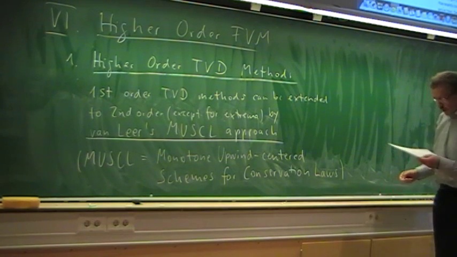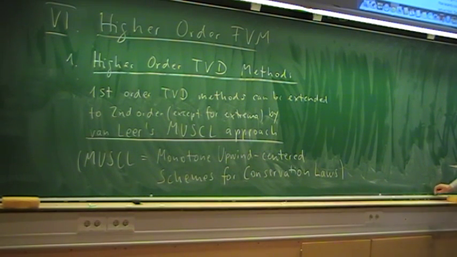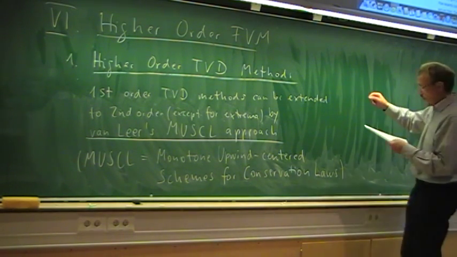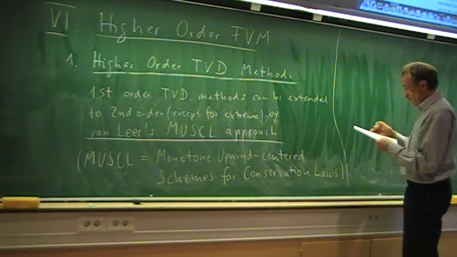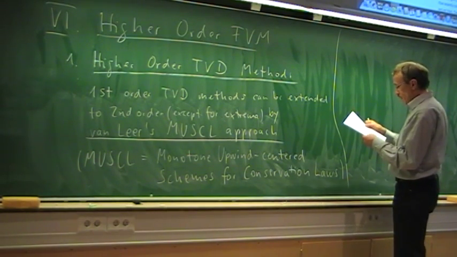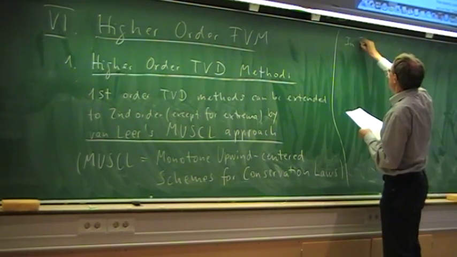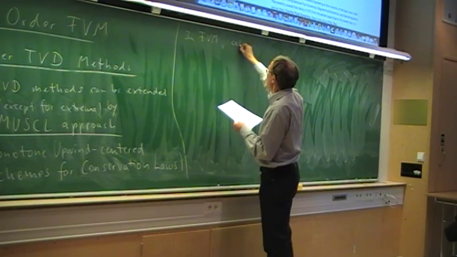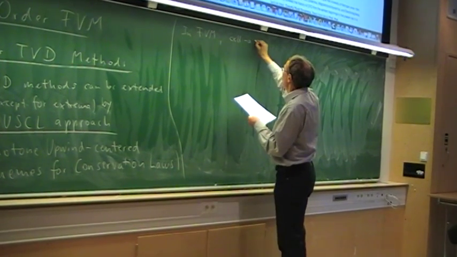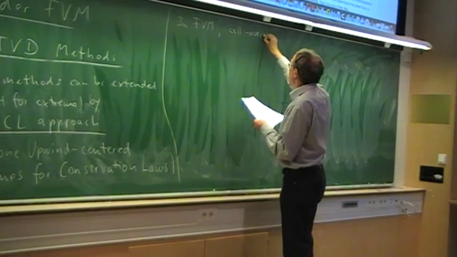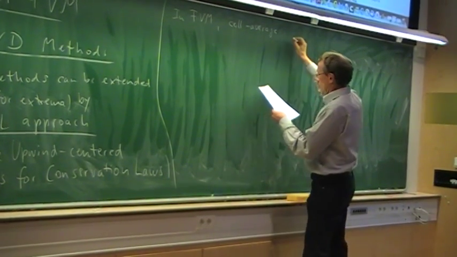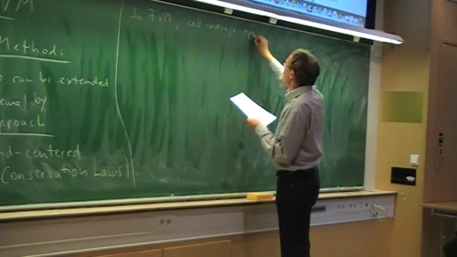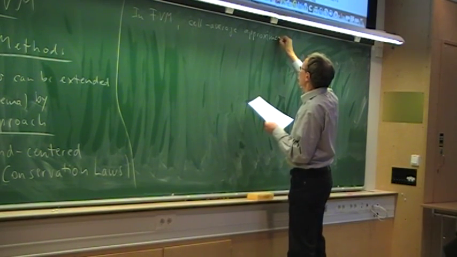So that is what the name means. And the idea is, in the finite volume method, the cell average approximation that we are computing in the finite volume method.